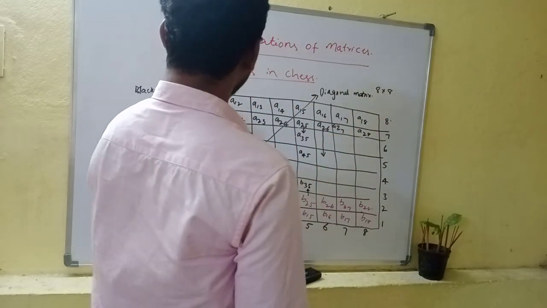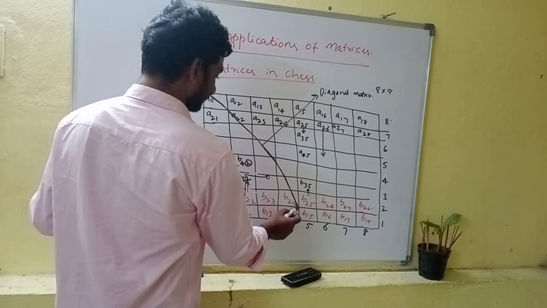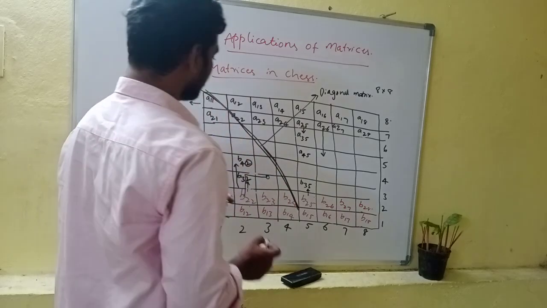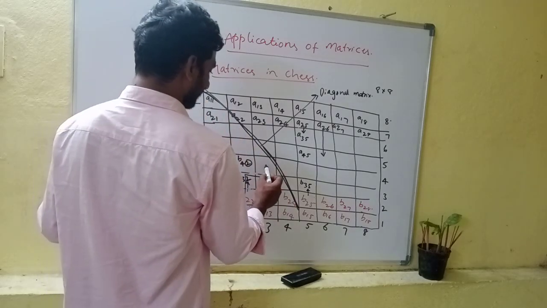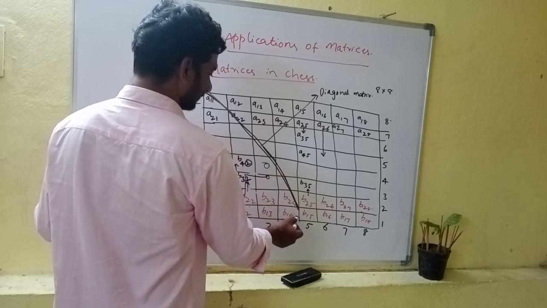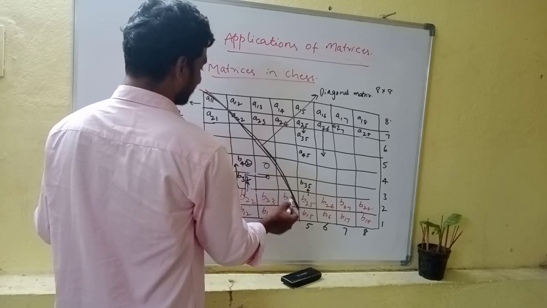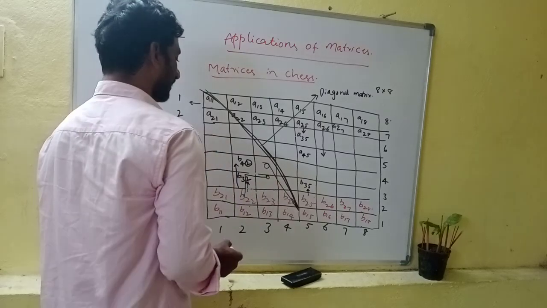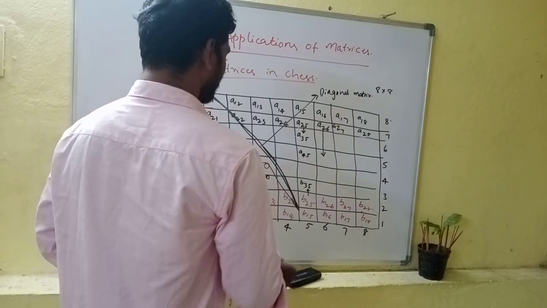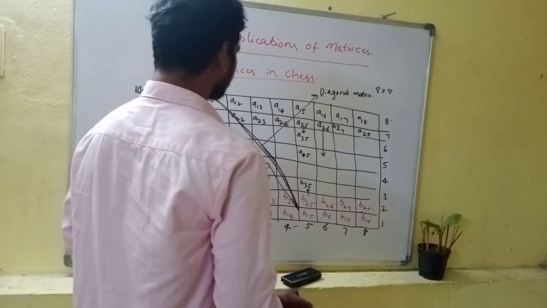So in the formation of diagonal, whatever place it will face, whatever power is in this place, the queen will take that pawn with that power and move on. So that is the power of the queen.